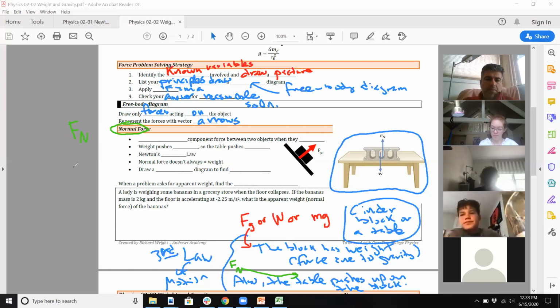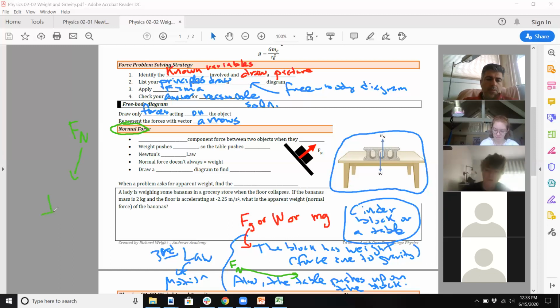Normal means it's perpendicular to the surface. So the word normal usually means perpendicular.